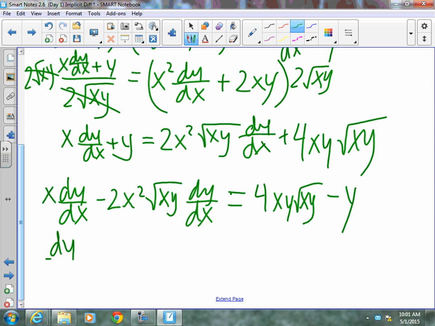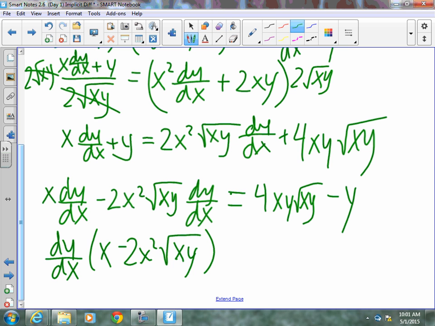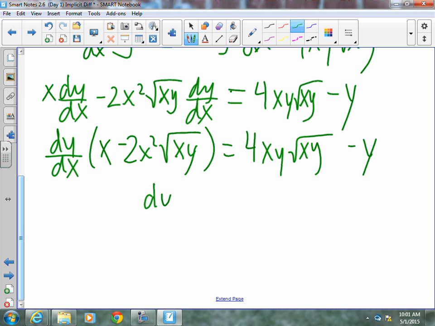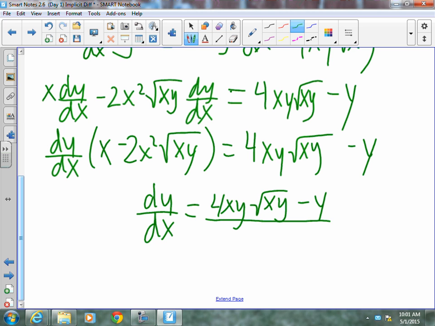Pull out your dy/dx, and we have x minus 2x squared radical xy equals 4xy radical xy minus y, and dy/dx is equal to 4xy radical xy minus y divided by x minus 2x squared radical xy.